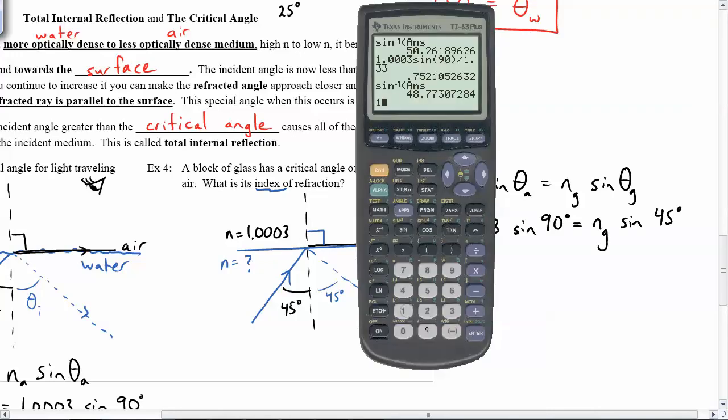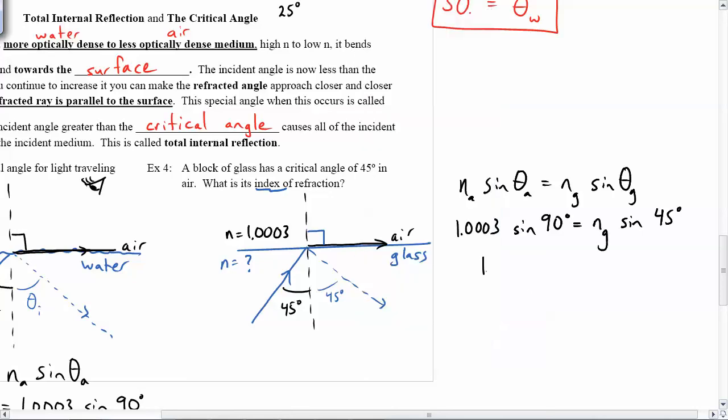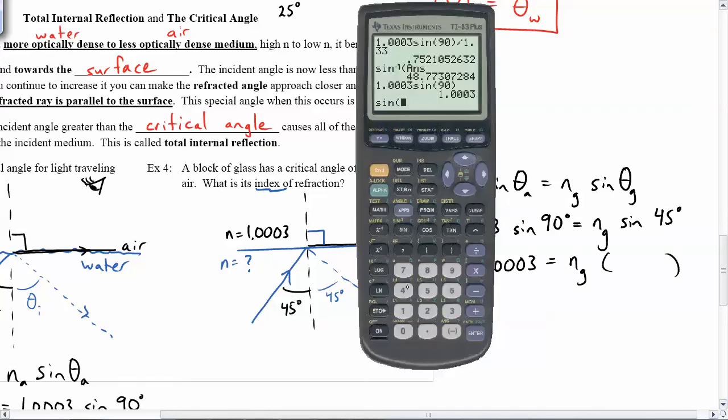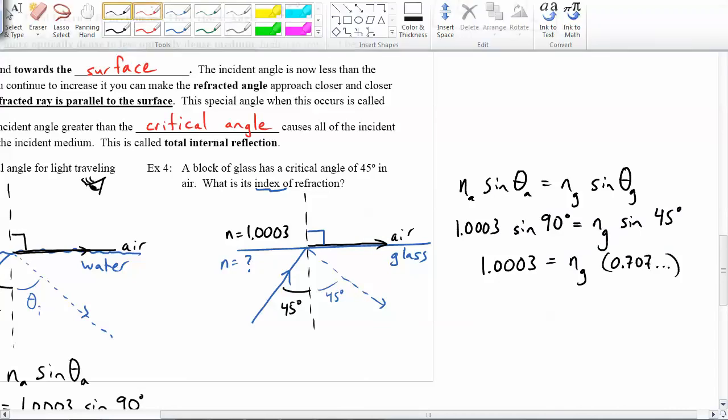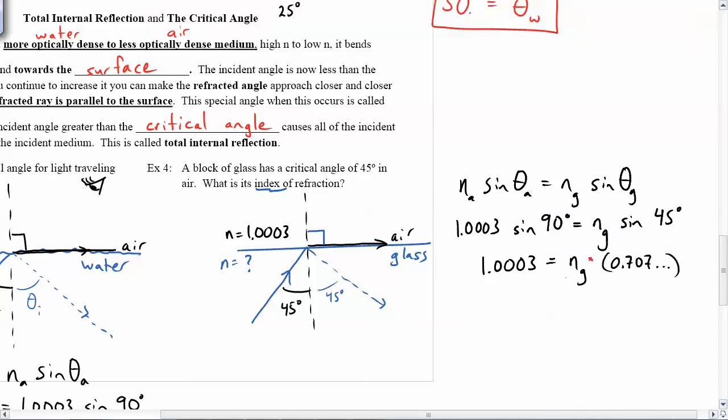So 1.0003 sine 90 is 1.0003 because sine 90 is 1. Sine 45 is 0.707. Now to solve for the N of the glass, we've got N of the glass times 0.707.